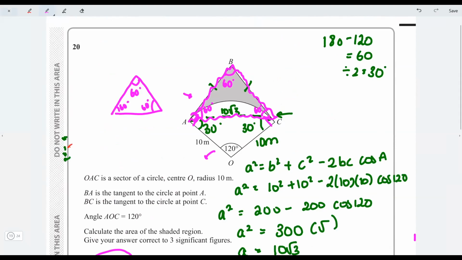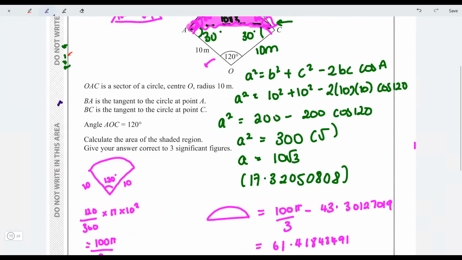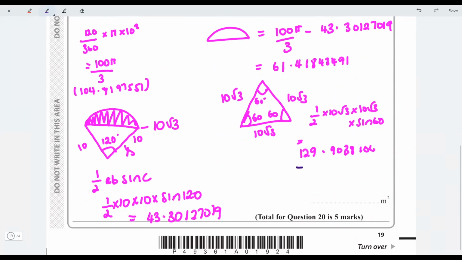Right, that's the whole thing. I can then take off this bit here, this little semicircle, to end up with what I've got. So that's that. Take off the semicircle, which is 61.41848491, and I end up with 68.48532569.